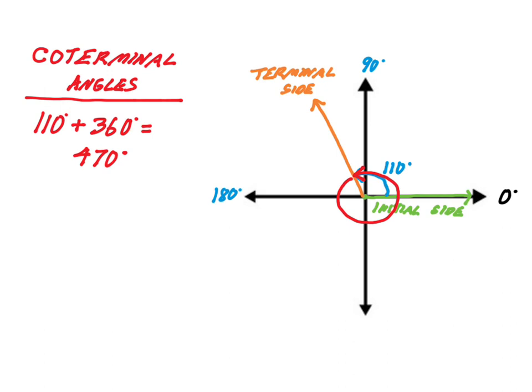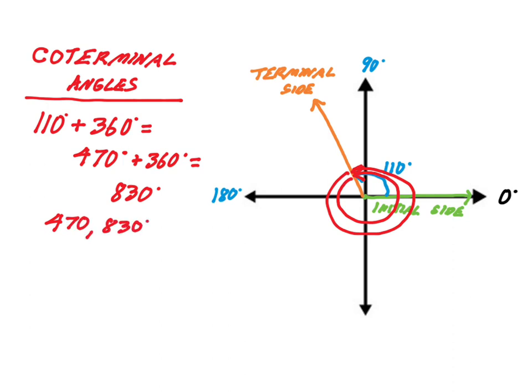What if I wanted to go around again? Well, I could add 360 to that 470, and so now I've got 830 degrees. So coterminal angles for 110 degrees would be 470, that's one, and 830 is as well.